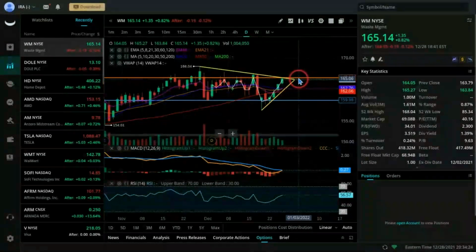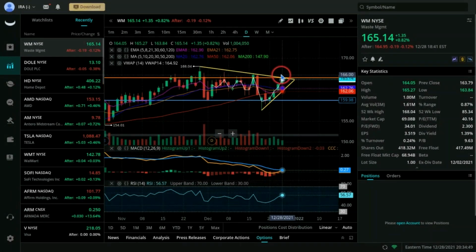So we'll put our mouse right over the resistance line and get our crosshair just above the line. Our call trigger would be 165.53, and you can give it a little cushion, so I would say about 165.60 or 165.65.